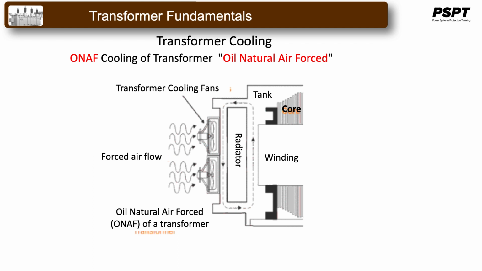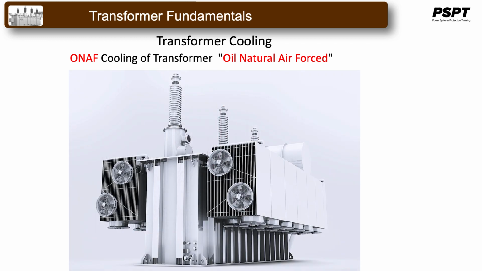ONAF cooling of transformers, which stands for oil natural air forced. Heat dissipation can obviously be increased if the dissipating surface is increased, but it can be made further and faster by applying forced air to flow over the dissipating surfaces. Fans blowing air on the cooling surfaces are employed.